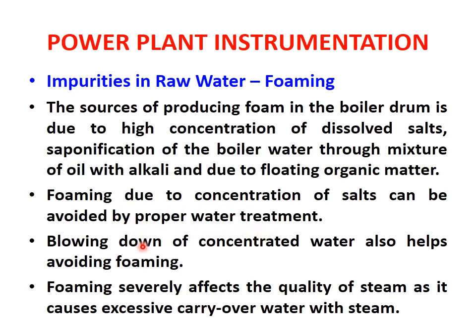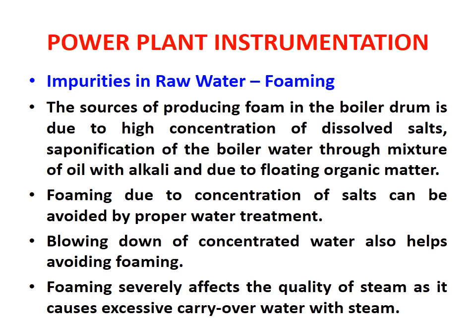So to reduce the concentration of salts in raw water, we can avoid this by proper water treatment. Blowing down of concentrated water also helps avoid foaming, because this blowing down operation we have seen earlier. So this is the major way of removing impurity in raw water, the blowing down operation. Foaming severely affects the quality of steam, as it causes excessive carryover of water with steam.